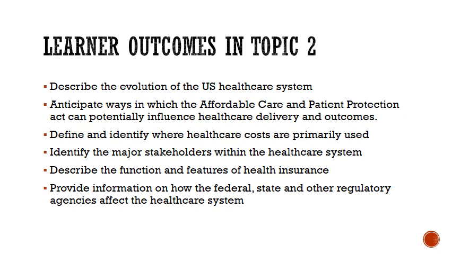You'll define and identify where healthcare costs are primarily used. You'll be able to identify the major stakeholders within the healthcare system. You'll describe the function and features of health insurance. And finally, you'll provide information on how the federal, state, and other regulatory agencies affect our healthcare system.